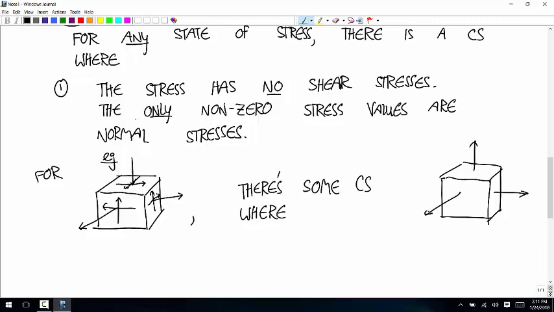I don't know what orientation that is for some general case, but it could be like 31 degrees that way and 26 degrees that way or something. But there's some coordinate system orientation where you can represent that state of stress with no shears at all.